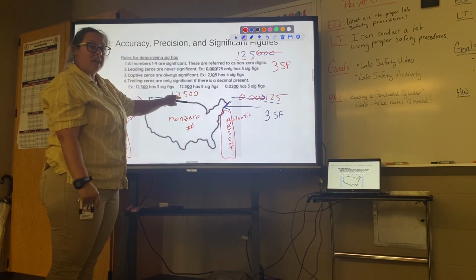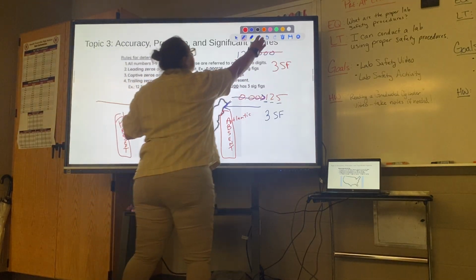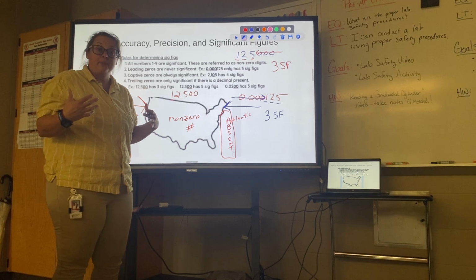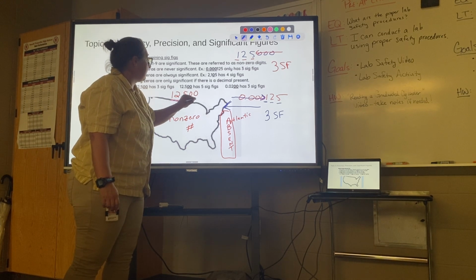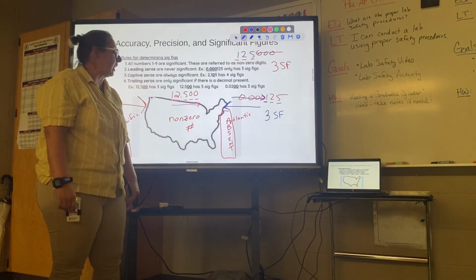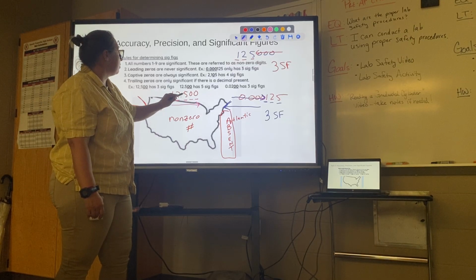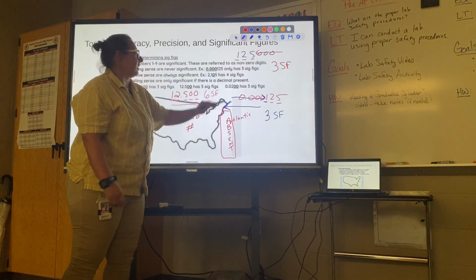A decimal is present, so we're going to enter this direction. You see how the very first number I hit is a non-zero number. So I count this and everything that comes after. I just keep on traveling through. Therefore, this number has 1, 2, 3, 4, 5 significant figures.